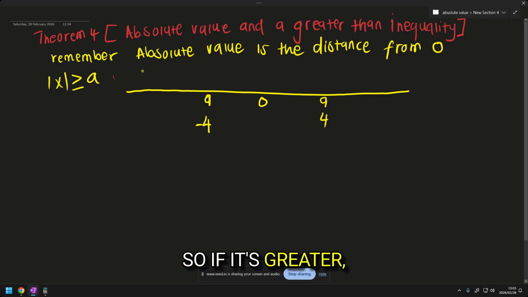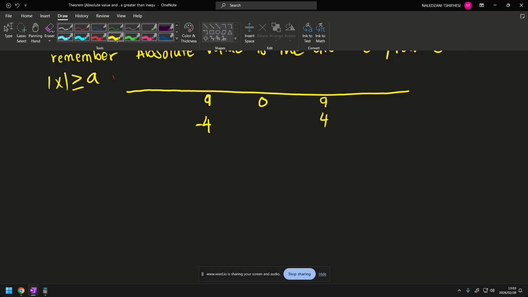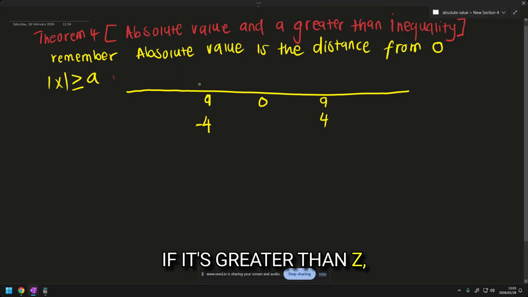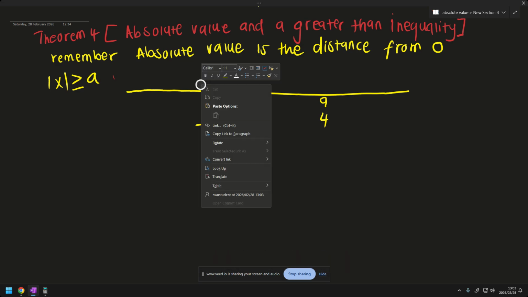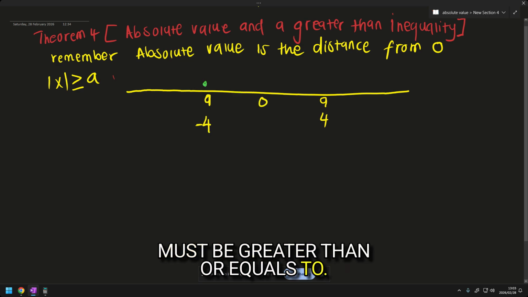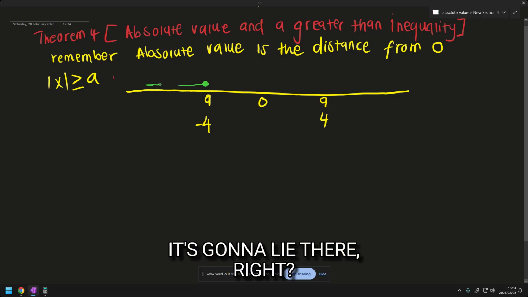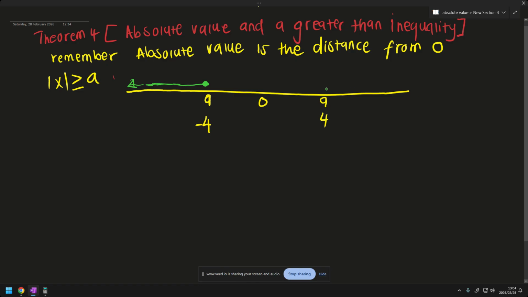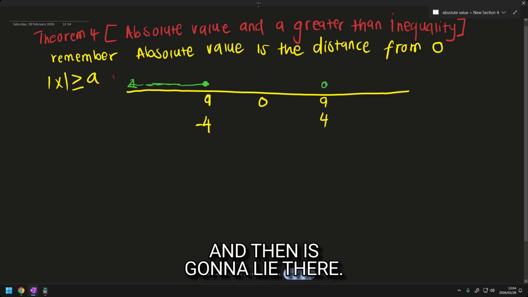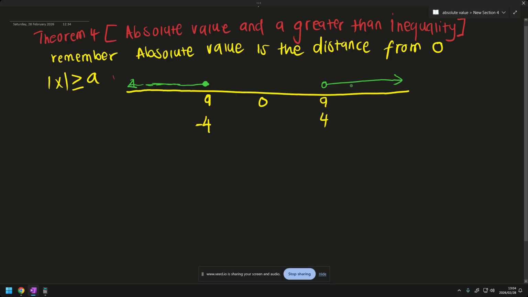So if it's greater, it's gonna lie here. If it's greater than that, it's gonna lie here. Must be greater than or equals to. It's gonna lie there, right? And then it's gonna lie there.